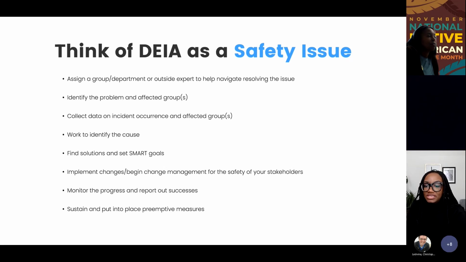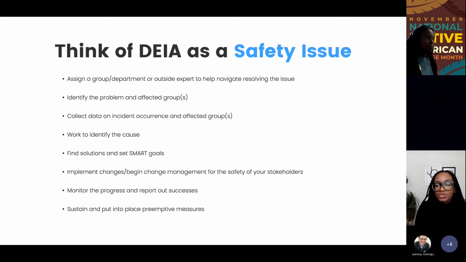If there were a safety issue in your organization, you would assign a group or a task force, or you would pay an outside expert to come in to help you navigate and resolve the issue, right? You'd identify what the problem was. You'd identify all of the groups that are being affected. You'd collect data on how often incidents have occurred on any of the affected groups.